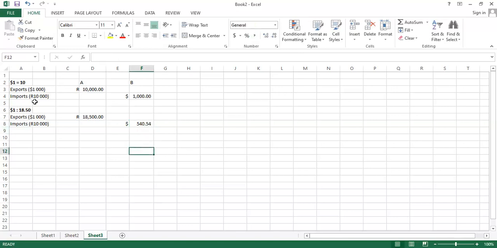A devaluation, you can see, causes our exports to go up while our imports go down. That is why some countries pursue this policy, the policy of devaluation. If it's an increase in the value of a currency, then it will obviously have the opposite effects. That's what's driving some of these countries to do what they do.